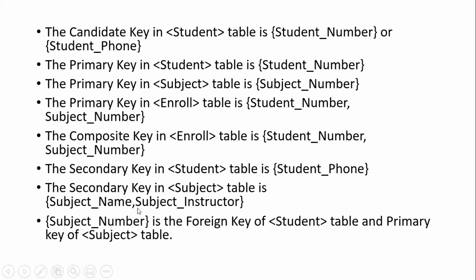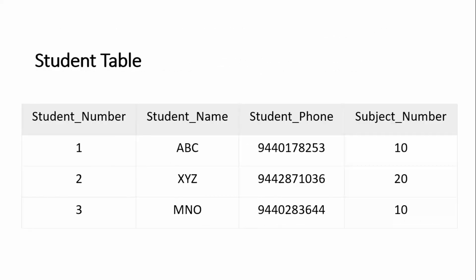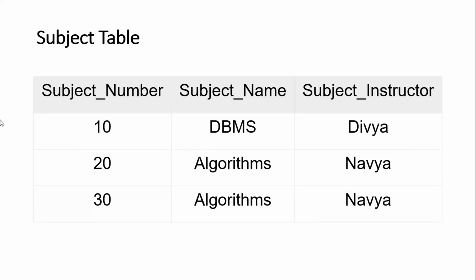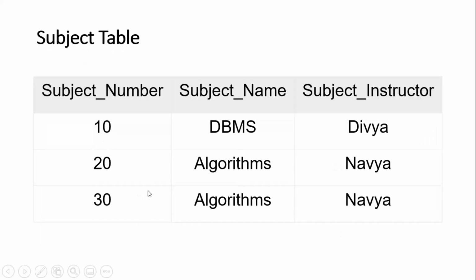Next, subject number is a foreign key of the student table and primary key of the subject table. See, subject number is the primary key in the subject table, because through a subject number alone you can identify the subject name and the instructor name.